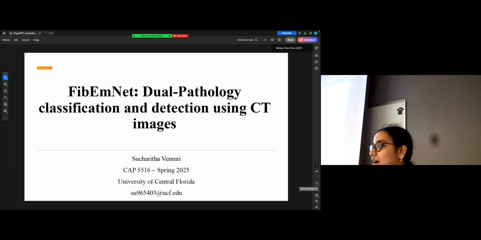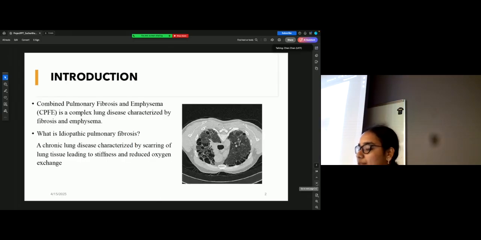Hello everyone, I'm Sucharita Vemuri, and this is a research prototype model. I'm going to present FEB-MNET, dual pathology classification using CT. At first, what is CPFE, combined pulmonary fibrosis and emphysema? It is a complex lung disease with overlapping conditions of both fibrosis and emphysema.